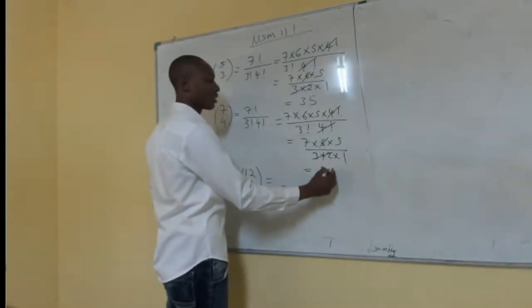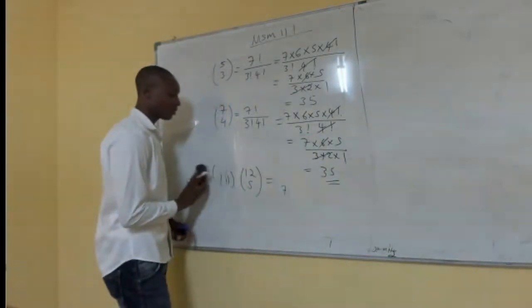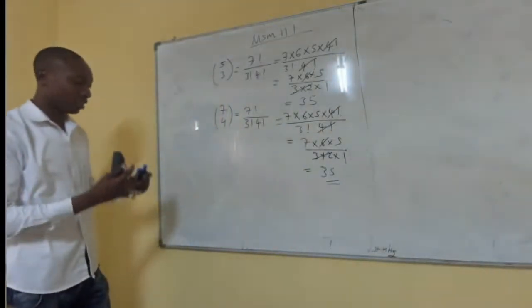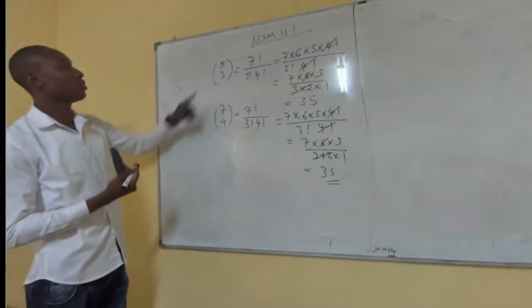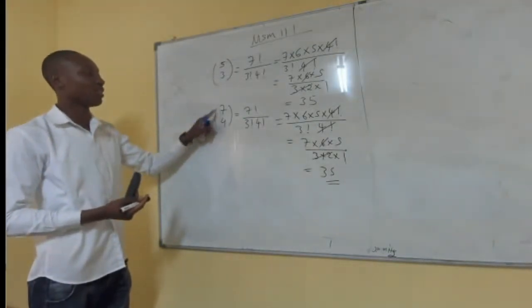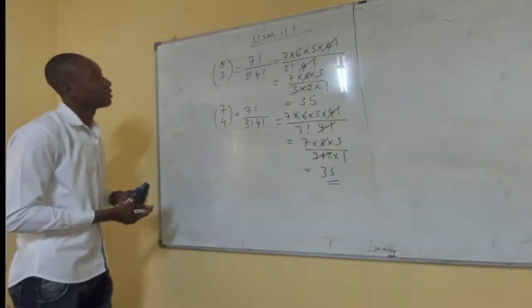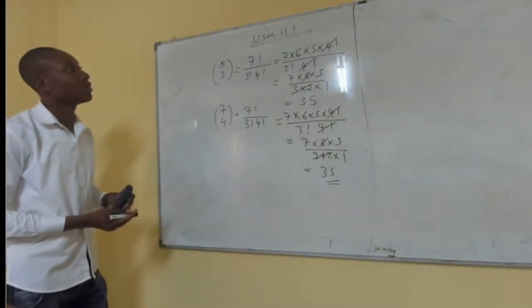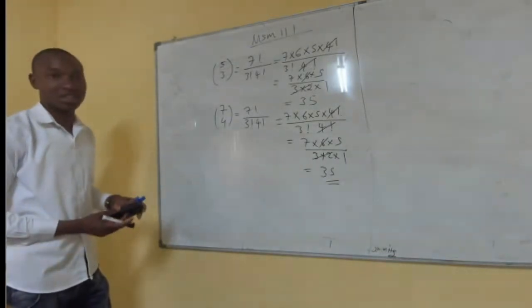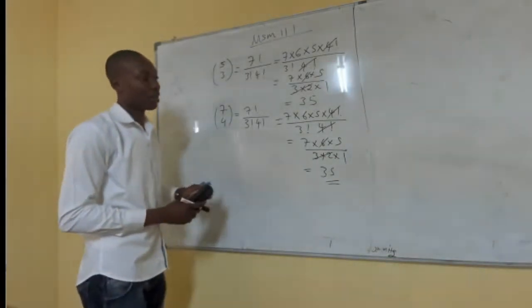Again, 35. It's interesting. Notice that 5 choose 3 has given us the exact same value as 7 choose 4, right? And the reason is simple, all right? I'll show you.